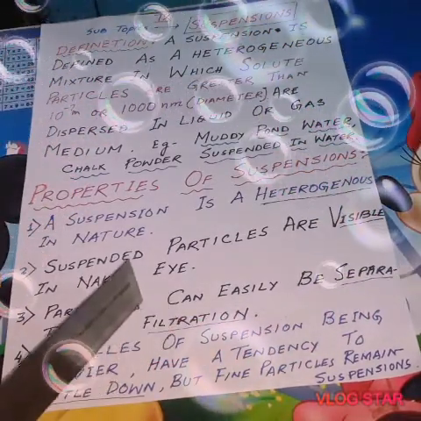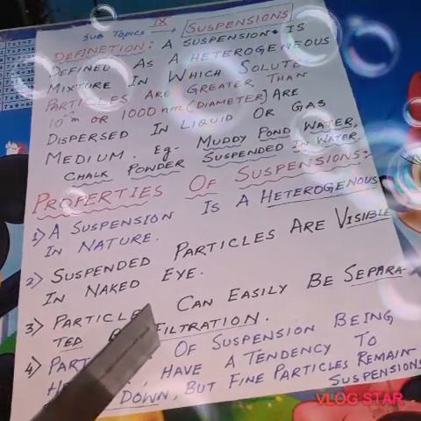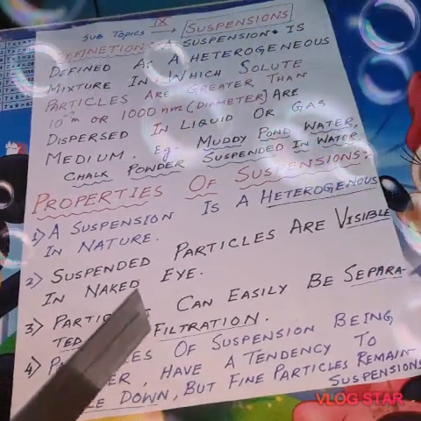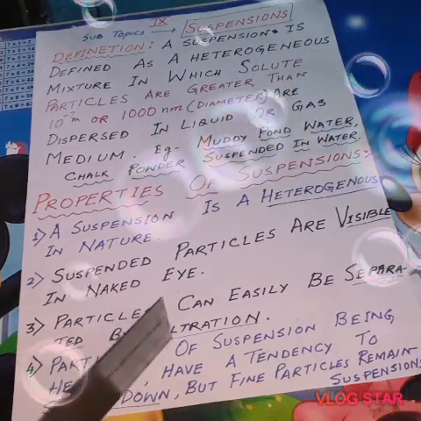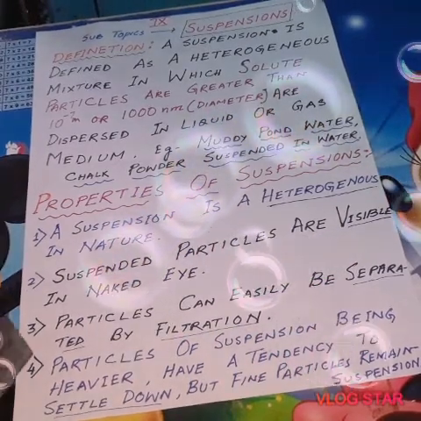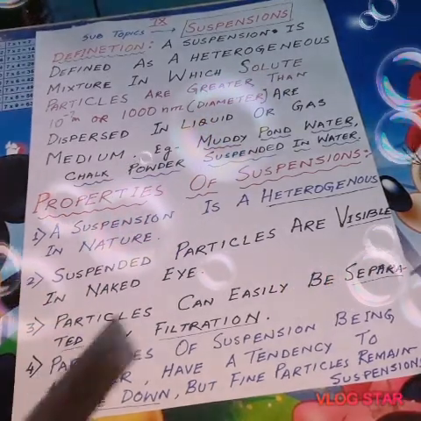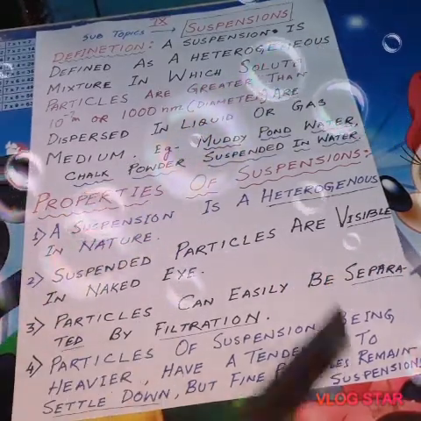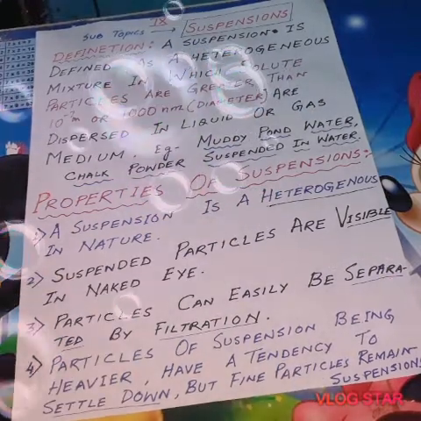So the constituents of a suspension are easily separated by the process of filtration, decantation or so many processes. Particles of suspension being heavier have a tendency to settle down, but fine particles remain suspended.